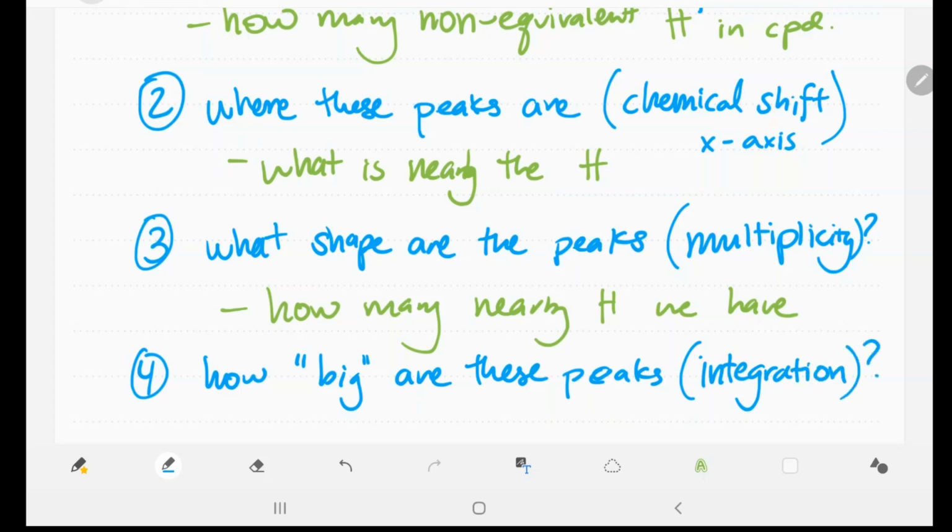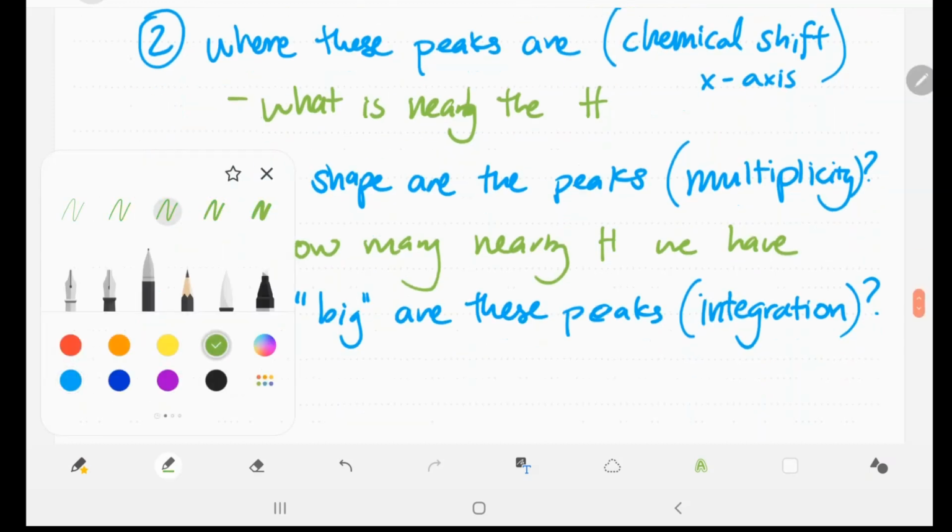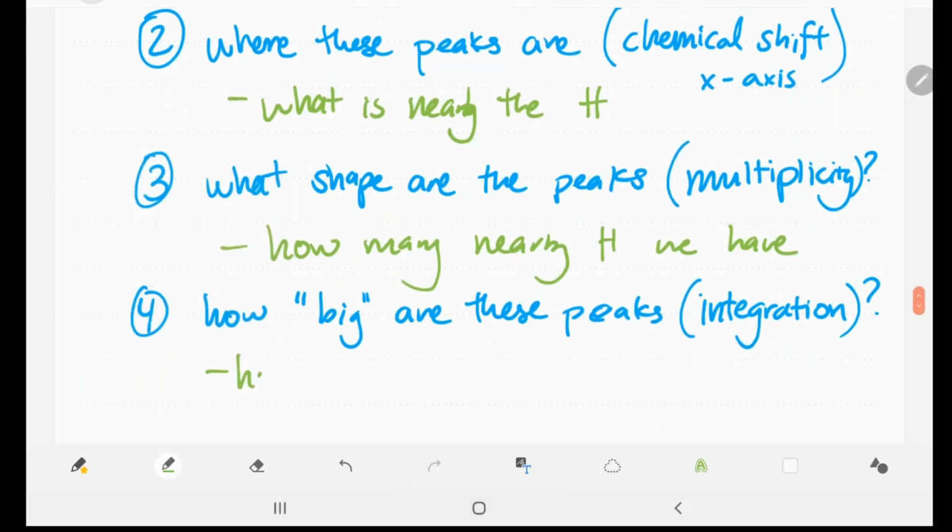And that means we're not doing the math here. But remember that an integral gives you the area under the peak, right? Under a curve. And so that tells us how many hydrogens of each type we have.